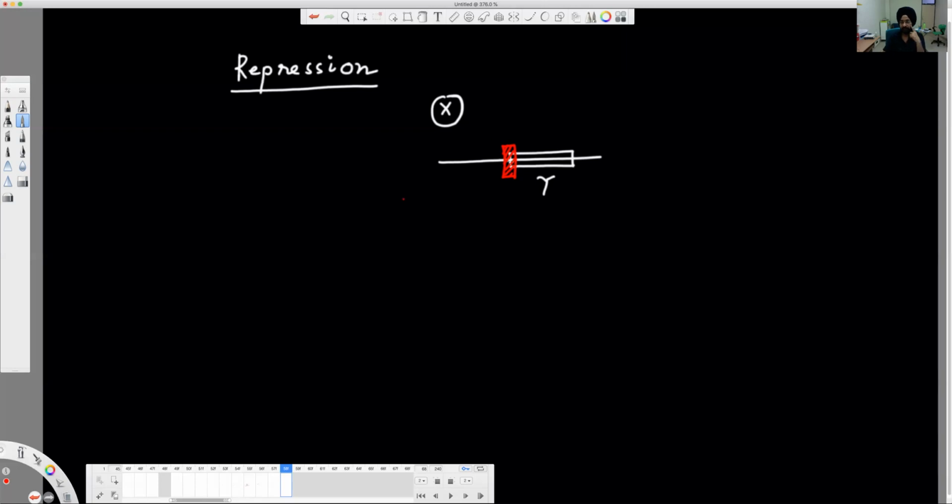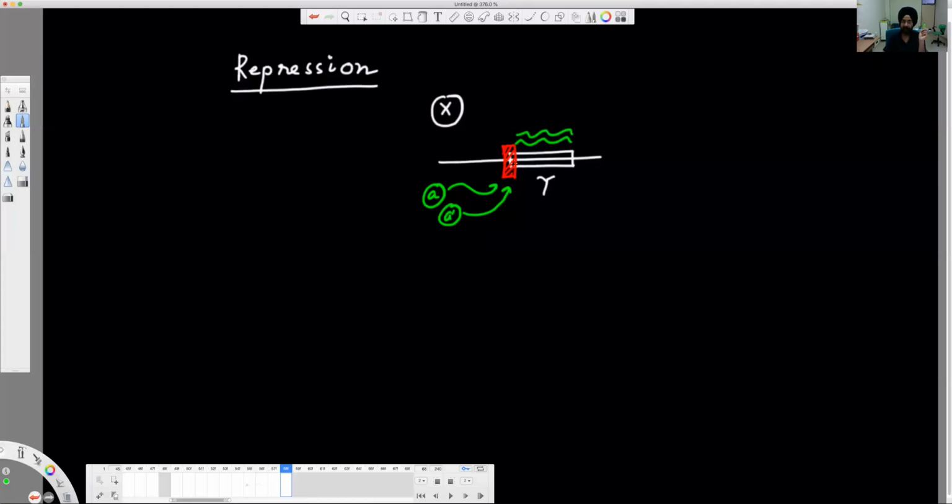So if that site is open, then my activators, right? Let me write the activators here. These are my activator A, which can be RNA Pol 2 and others, right? A and A prime and so on, right? So if this is open, they will go bind there and this will transcribe, right?